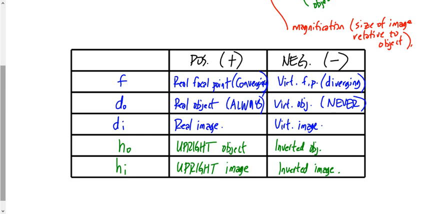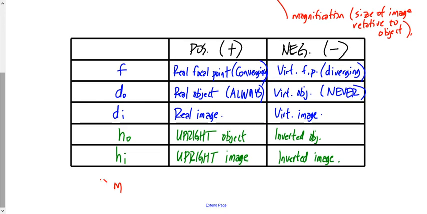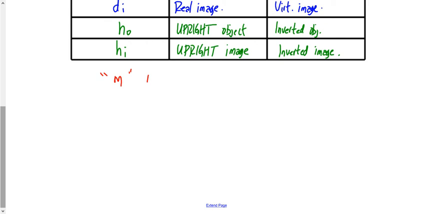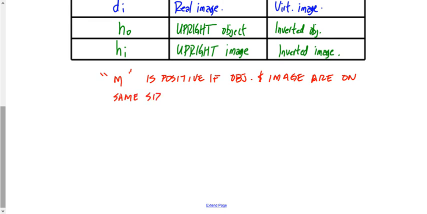And finally, M, the magnification. I always put this outside of the table because it doesn't really fit with the other ones. M is positive if the object and image are on the same side of the principal axis.